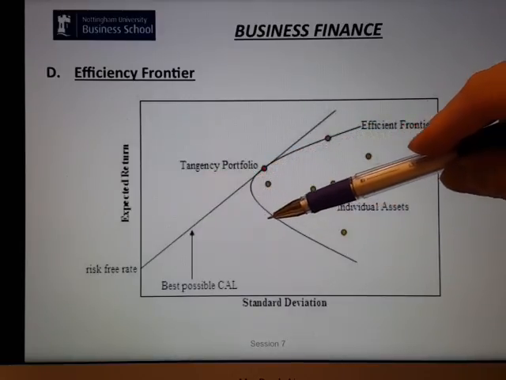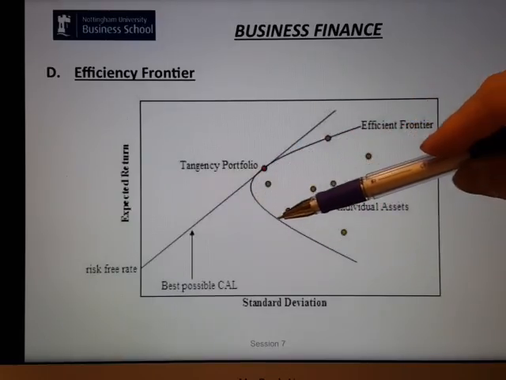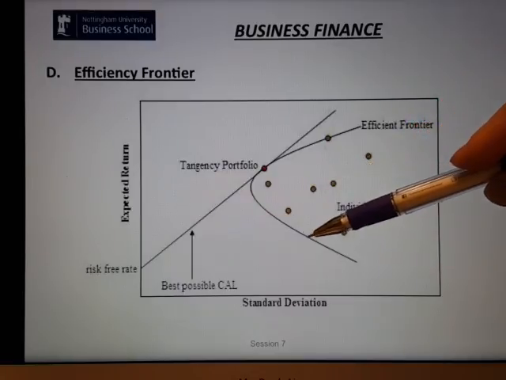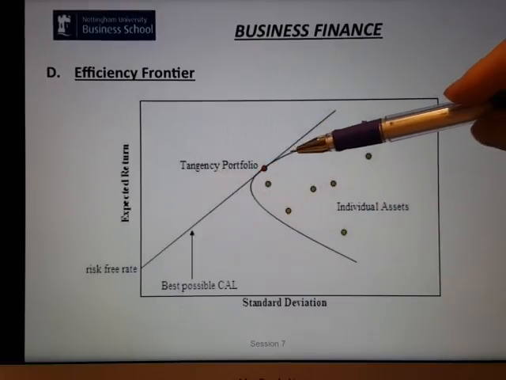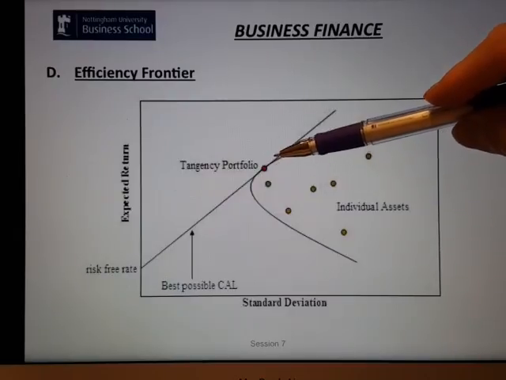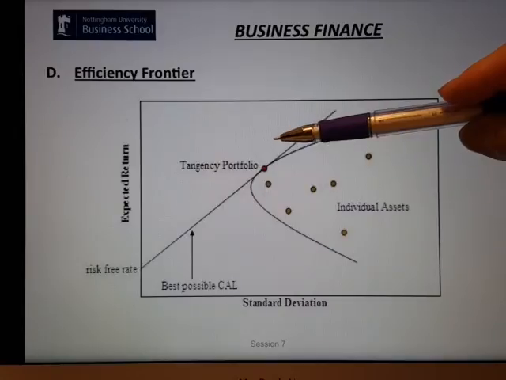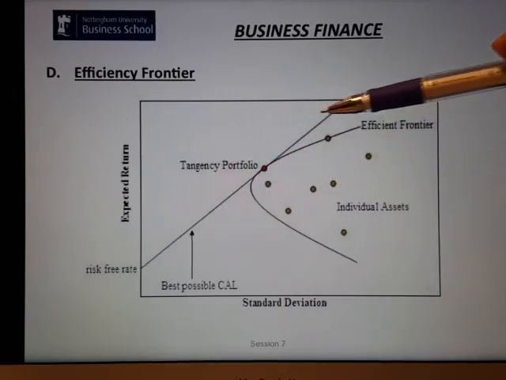Here is where we call the efficient frontier. The most efficient investment actually lies on this frontier, which is possible to obtain if you do sufficient analysis, or you do a combination of investments in your portfolio to maximize your return.